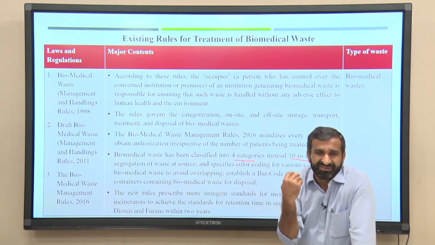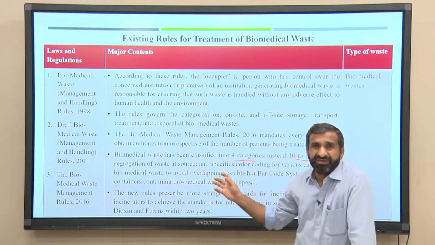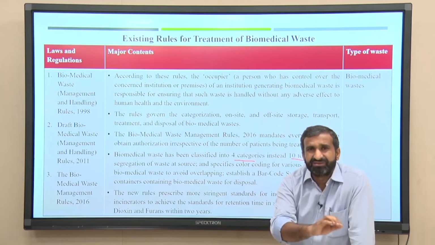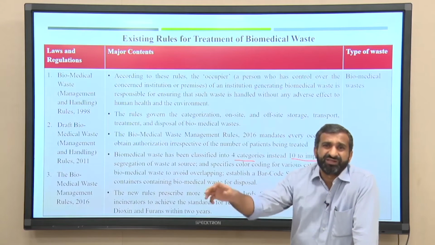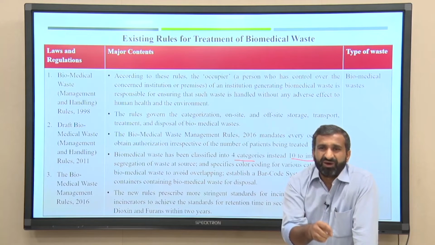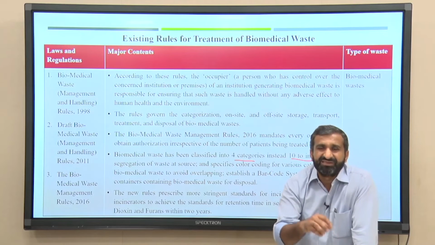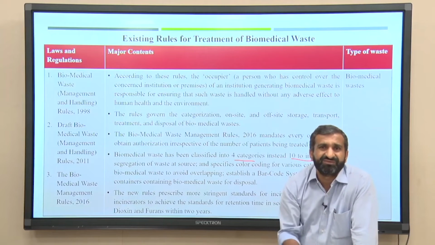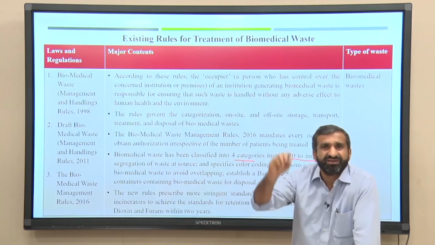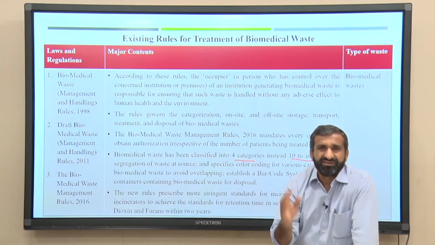But in MSW we also talked about waste to energy plants, whereas in biomedical waste there is not much discussion on waste to energy or energy production here, because operation or handling of hazardous waste itself is a difficult task. So, only combustion is enough, and how best we can dispose of the residues and clean the polluted air.